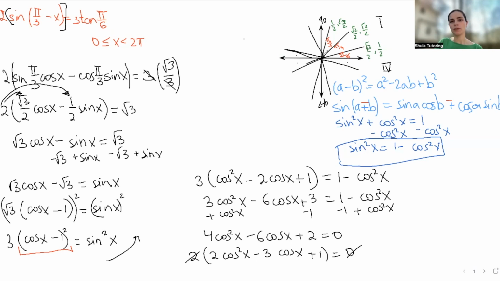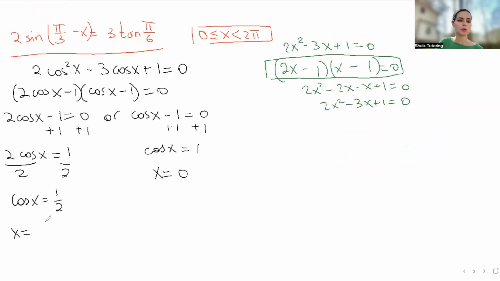So here and here. So let's write that. X is equal to pi over 3 and 5 pi over 3. So that's basically 60 degrees and 300 degrees, just so that we keep track of everything.